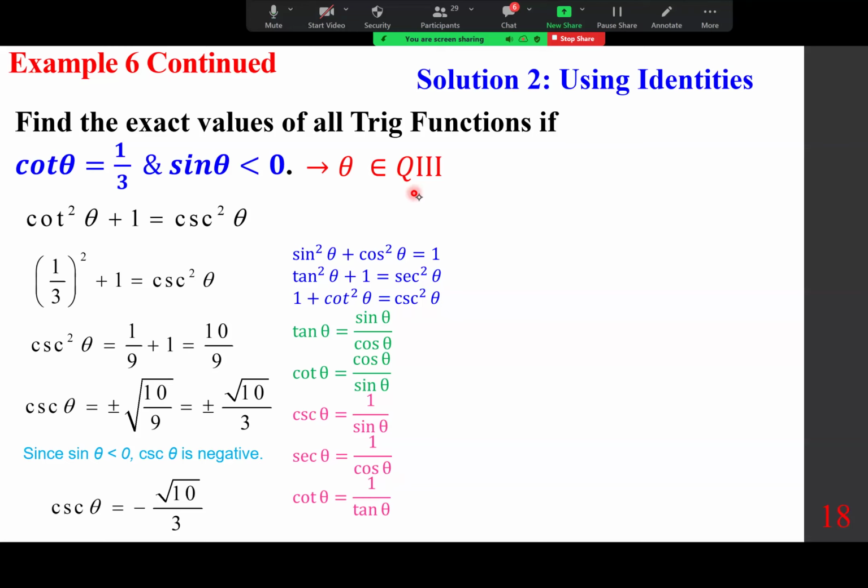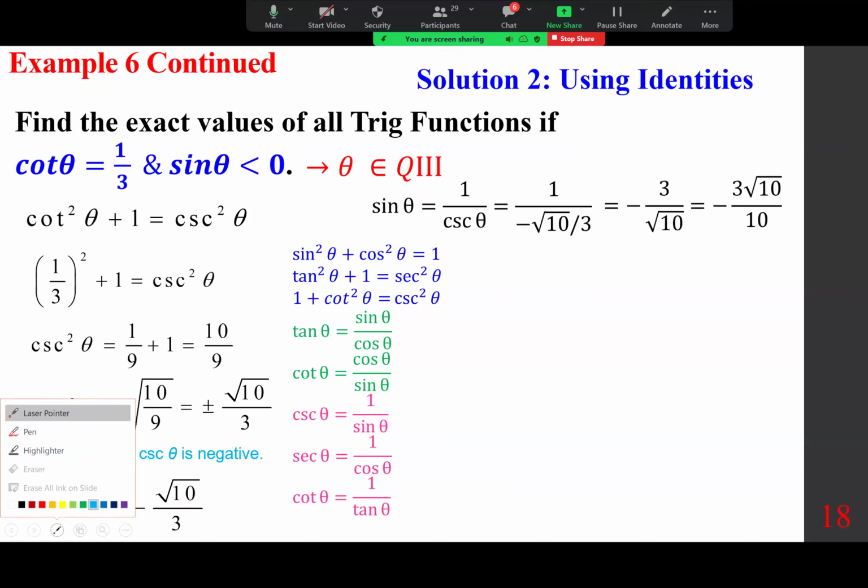Now, cosecant and sine, they have a relationship. And that is cosecant is 1 over sine, or sine is 1 over cosecant. Makes no difference. And so with that being the case, the reciprocal of this is the answer for sine, which becomes negative 3 over square root of 10. And again, you can rationalize.